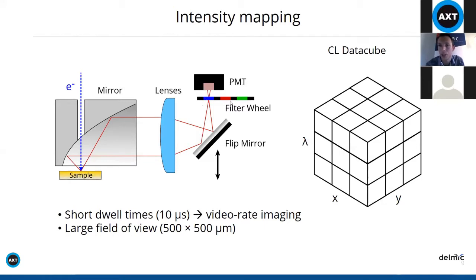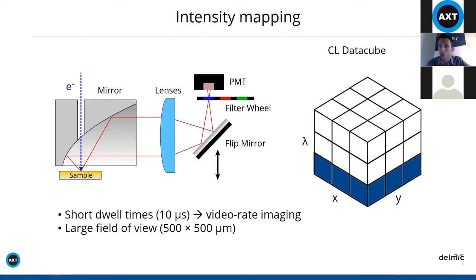You can either let all the colors go onto the detector, which is called panchromatic cathodoluminescence imaging, or you can color filter it with maybe a rather coarse color filter to get some wavelength information or color information. When you raster scan the beam, you acquire an image point by point for a particular wavelength.